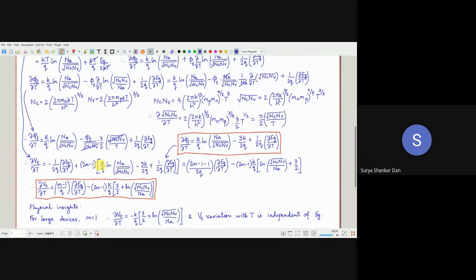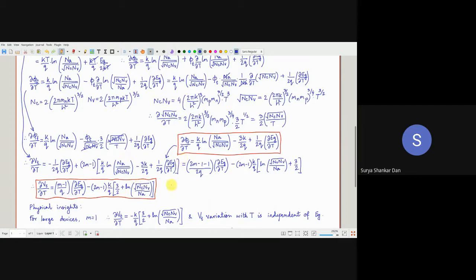So there will be another minus. So I just want to bring this minus out. The reason will be apparent very soon. So finally, what we get is twice m minus 2 by 2q. This 2 will cancel. You'll be left with m minus 1 by q del Eg by del T minus twice m minus 1 k by q into this.